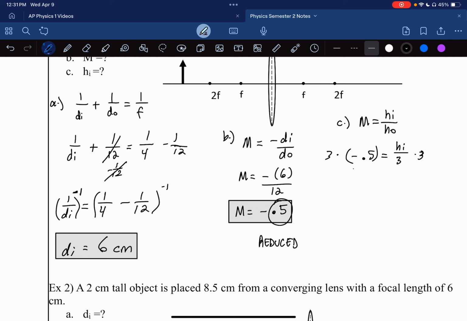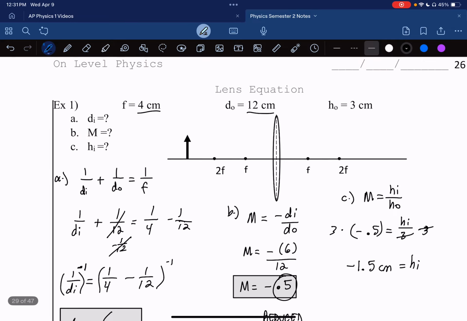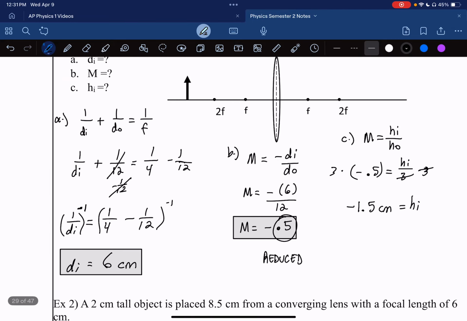Actually, this is negative 1.5 centimeters is the height of the image. Now, let's think about this. The object is 3 centimeters tall, the image is 1.5 centimeters tall, so it is in fact reduced. The negative, many people guess this correctly, means that it is inverted. It is an upside down image. Inverted is the correct answer there.